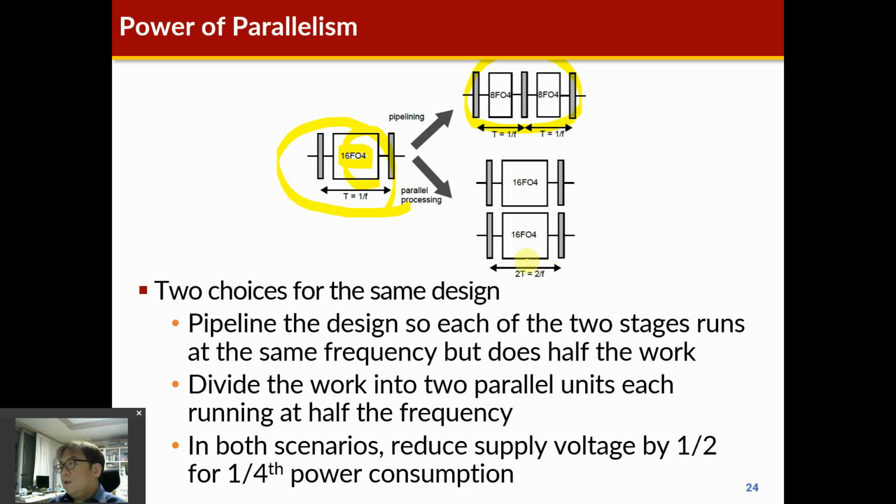So in this case, we can reduce the clock frequency of this parallel operation to half of the clock frequency of the baseline, because there are two computational logic here, and we can reduce the clock frequency to the half.